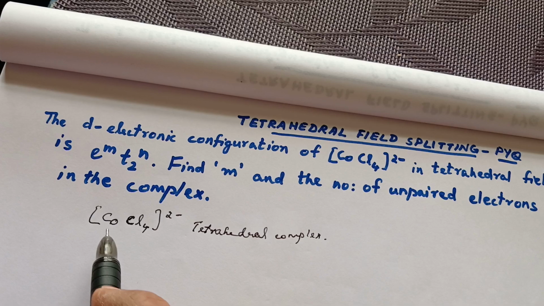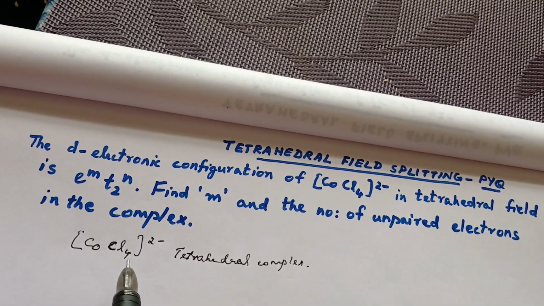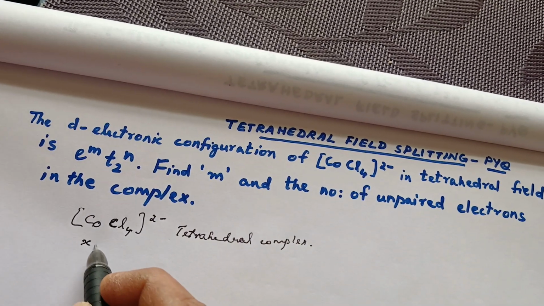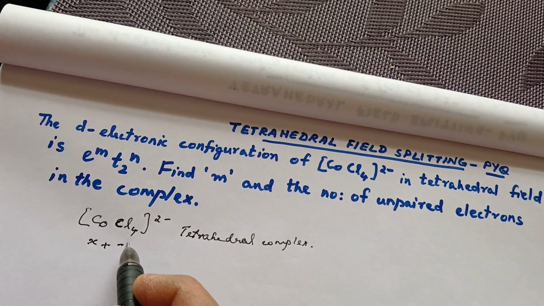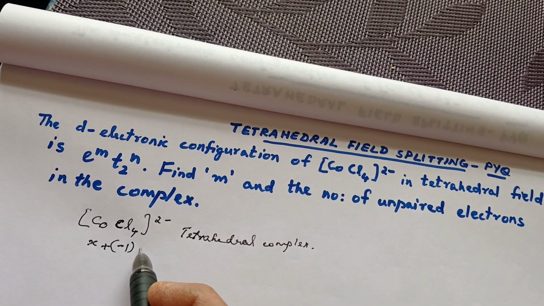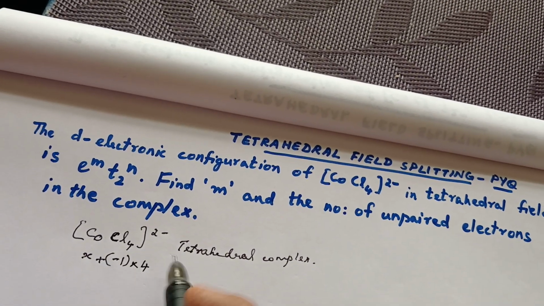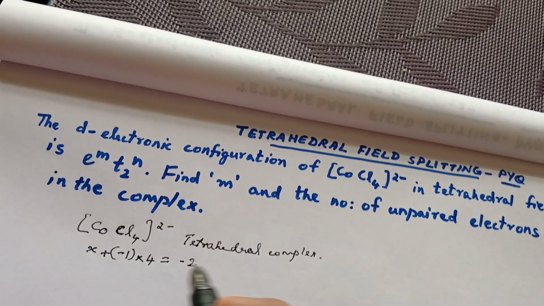First, we have to find the oxidation number of cobalt in this complex. Let us take it as X for cobalt, plus chloride ions are having -1 oxidation number. So -1 into 4, 4 chloride ions, equals the overall charge of -2.